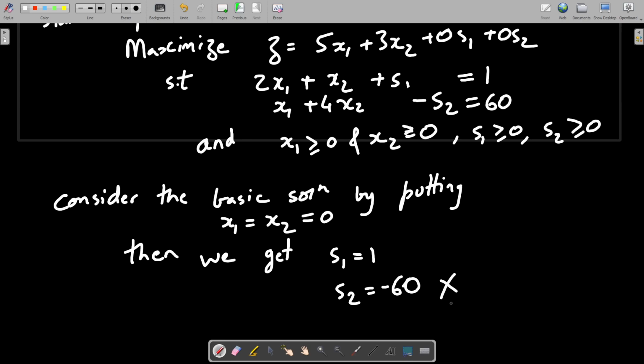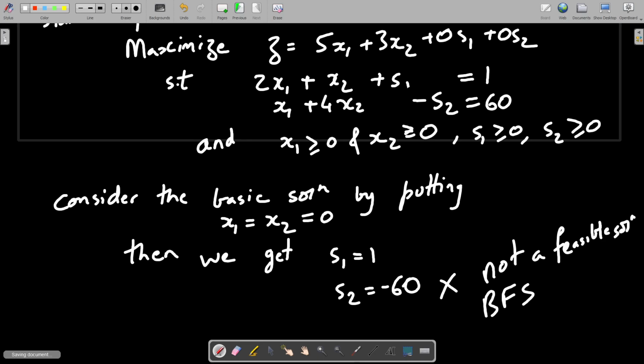Right? So this one is not greater than 0, so it's not a feasible solution, so it's not a basic feasible solution.